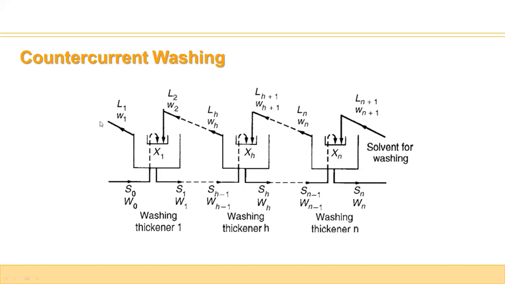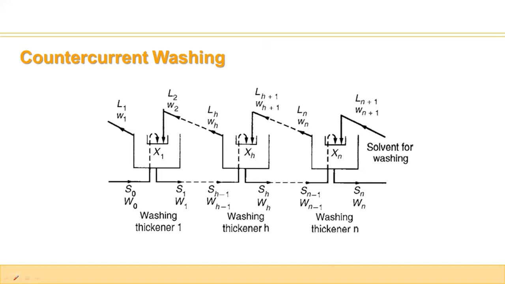When you take a screenshot of this, or when you make your study notes, make a note that the W's here at the bottom are capital W, and the W's on top are small w. So in countercurrent, your wash fluid, or your washing solvent, is introduced on this side, and the solids to be washed are introduced on this side.